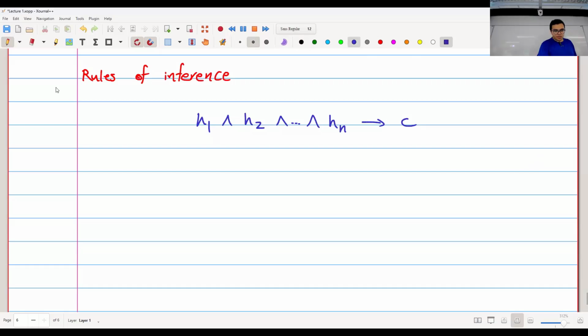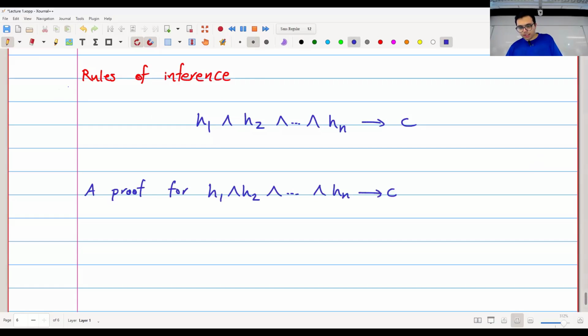So here's what we can do. I'm going to write a sequence of statements, and I'm going to call that a proof. So a proof for H1 and H2 and so on to Hn implies C is just a sequence of statements, basically a bunch of things that I'm proving.